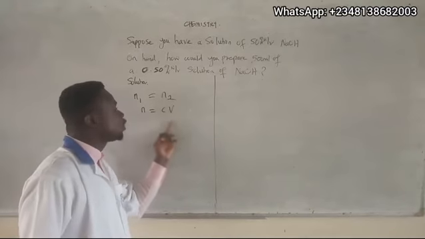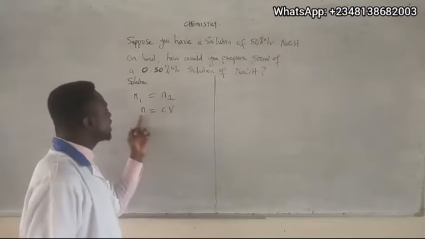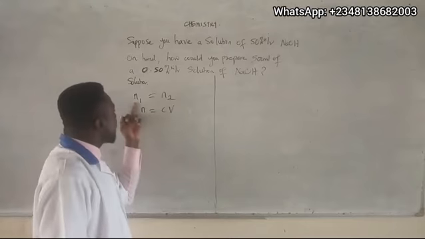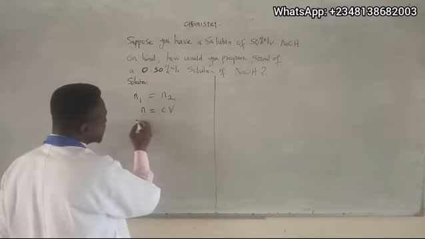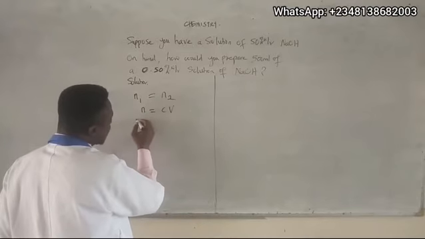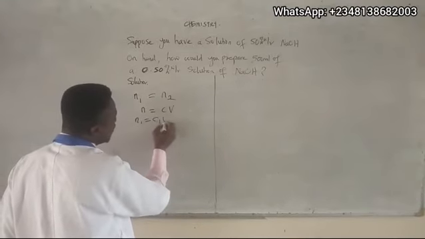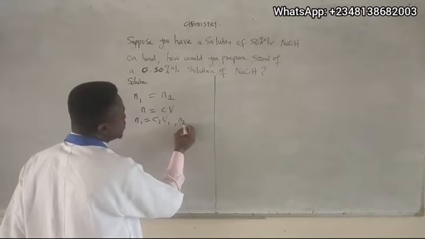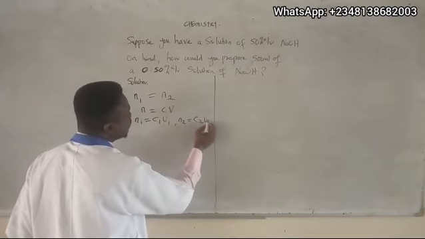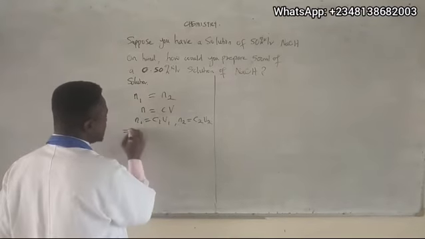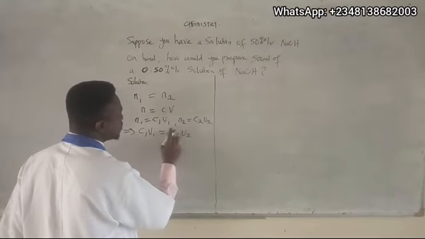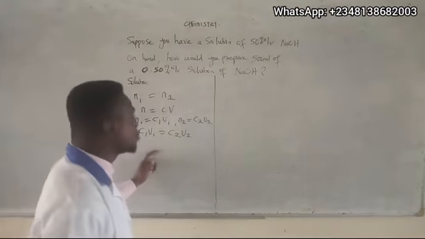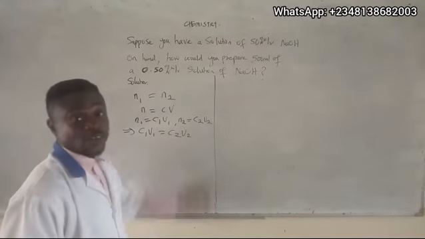With this relationship, we can solve this question. If N is equal to CV and N1 is equal to N2, that implies that N1 is equal to C1V1 and N2 is equal to C2V2. It then implies that C1V1 is equal to C2V2. This is the popular dilution formula. With this, we can solve this question.